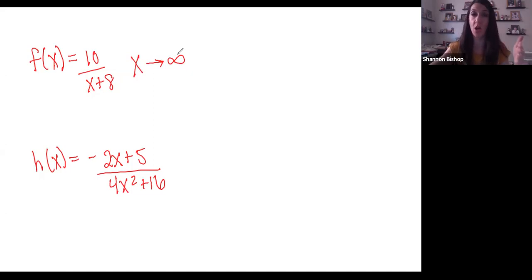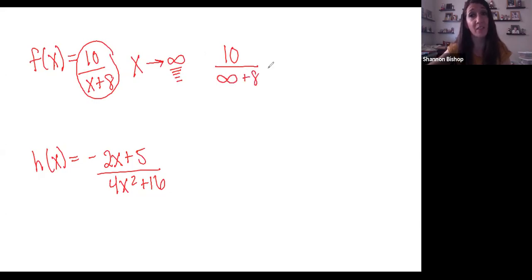So if you think about what this function is doing as x gets really, really big, on top it would still just be a 10 because there's not even an x on top to be affected by this conversation. And on the bottom, it would be something really, really big plus 8.